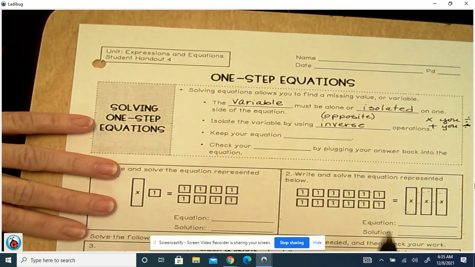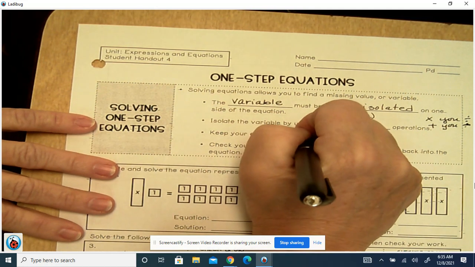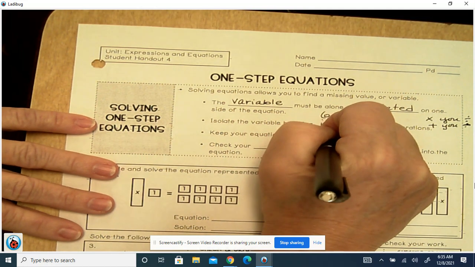All right. Keep your equation balanced. That means what you do to one side, you have to do to the other.